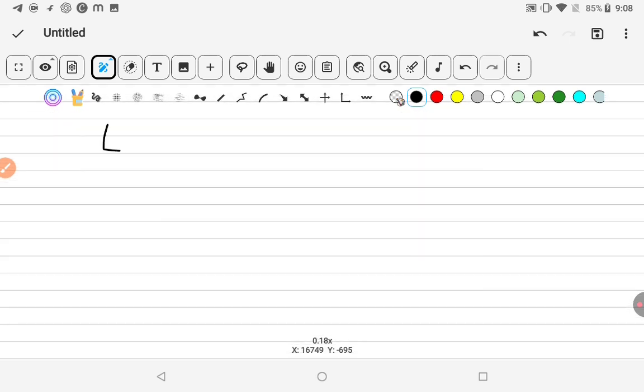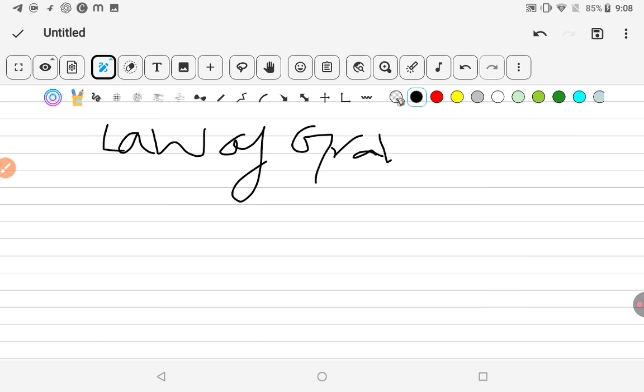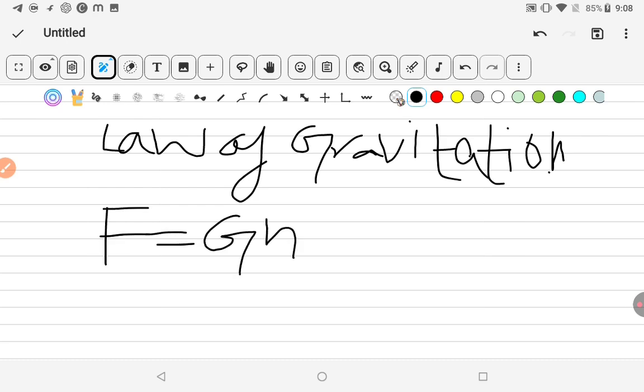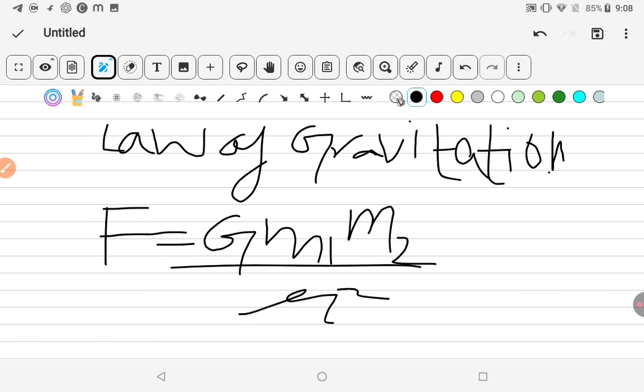What does the law of gravitation basically state? It states that every mass attracts another mass along the line of joining, whose value is given by F equals G m1 m2 upon r square. Let me repeat: every mass attracts another mass along the line of joining.